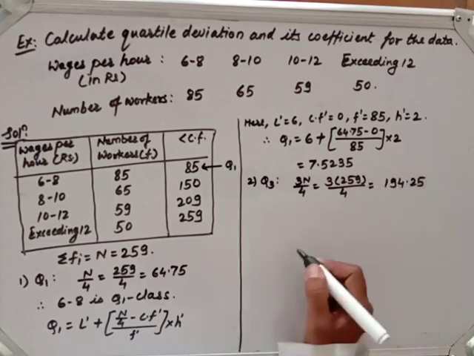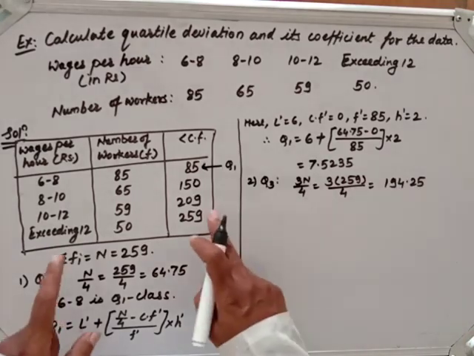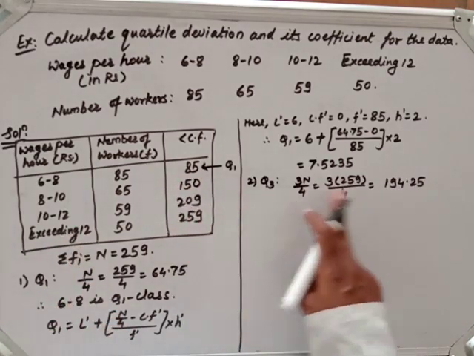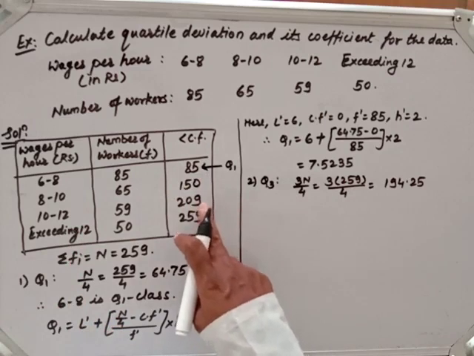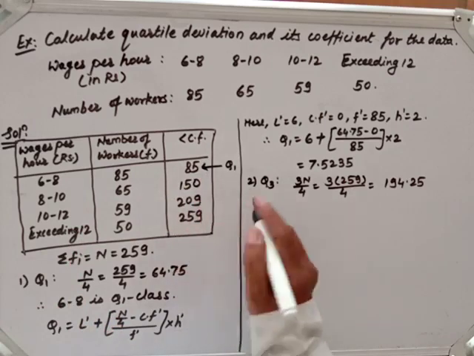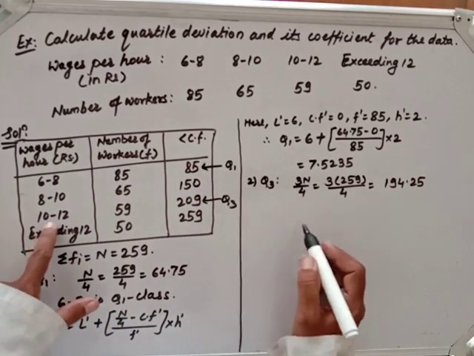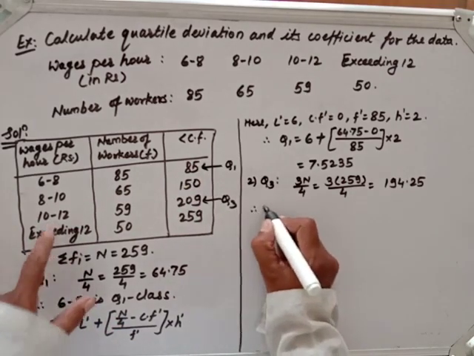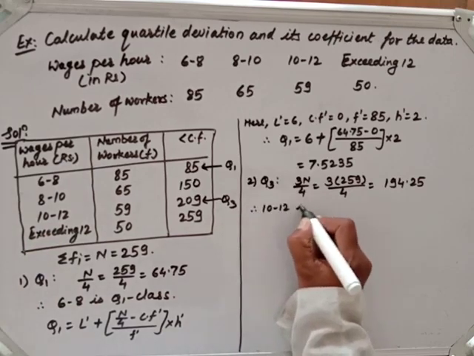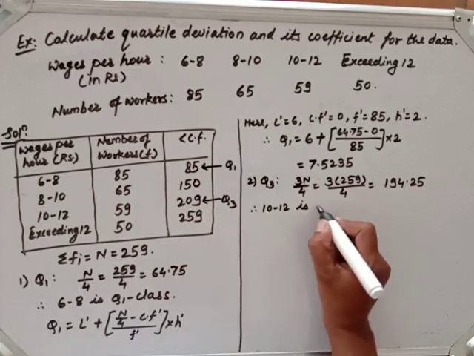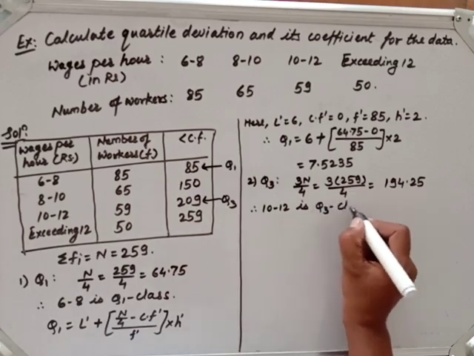Again go to the less than type cumulative frequency greater than this for the first time. It is 209. So this gives our Q3 class, which is 10 to 12. Therefore 10 to 12 is the Q3 class.